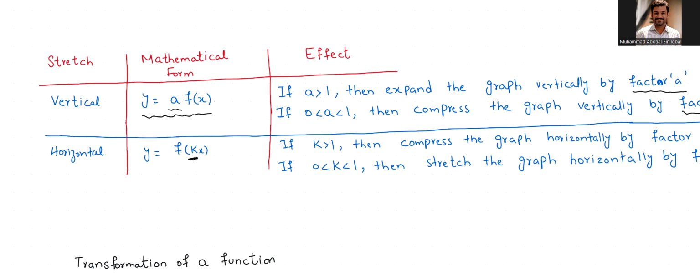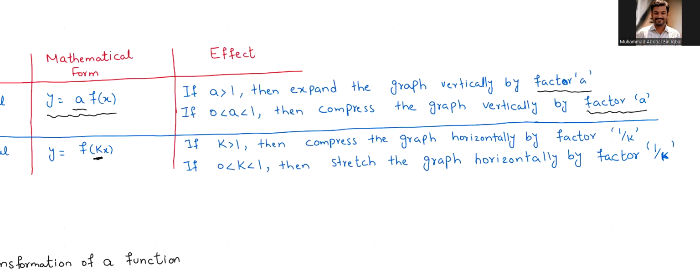If k is greater than 1, meaning the constant value is greater than 1, then we need to compress the graph horizontally by factor 1 over k. It means we need to take the reciprocal of the constant value k. So in this case, we multiply the x value by factor 1 over k.